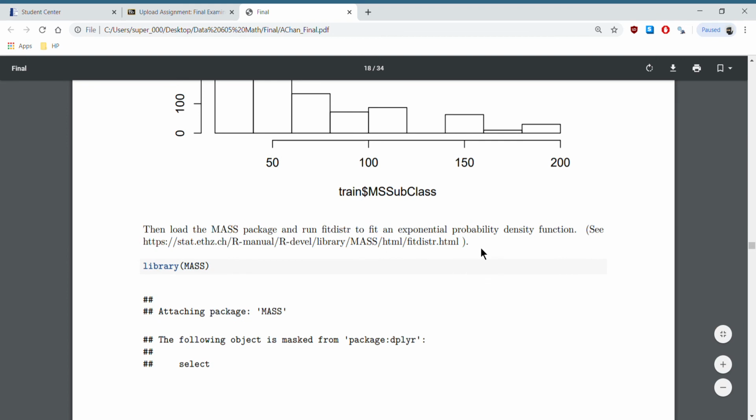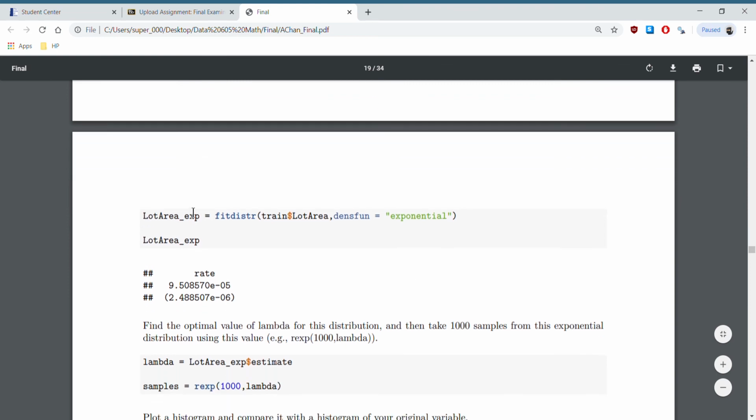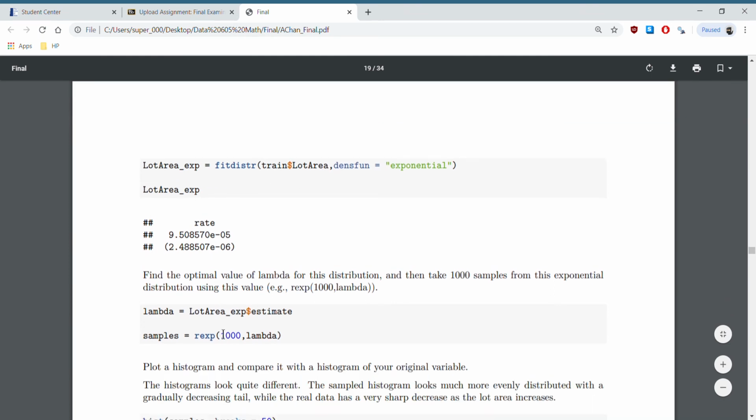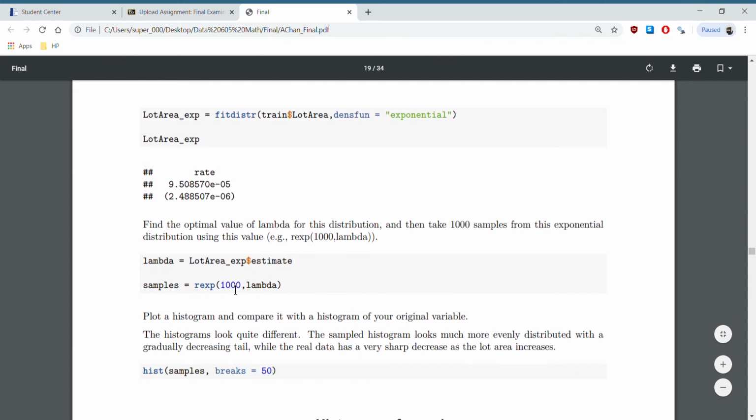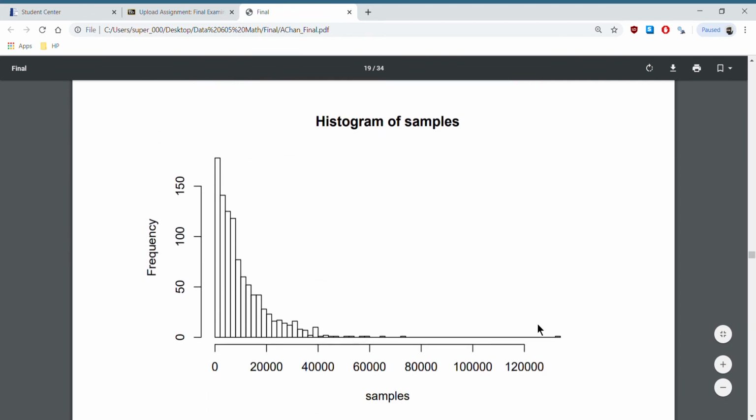Then it says to load the mass function and fit it to an exponential density function. So I did that here with this fit distribution function, and it gave me this value. And then I plugged that back in as lambda to get a sample, and I did 1,000 of those samples, and then plotted that here, so we get a nice little histogram of the samples.